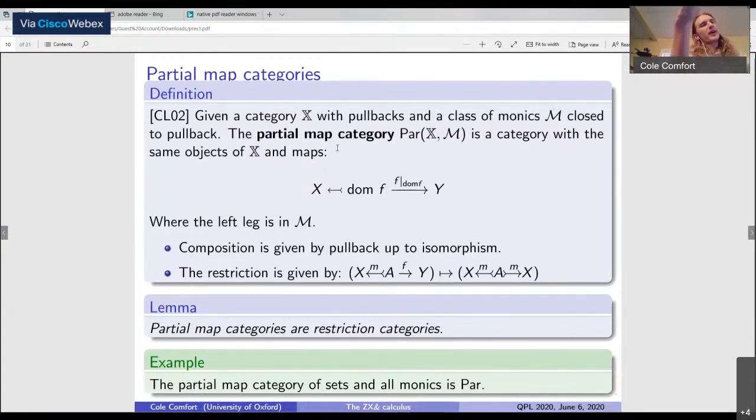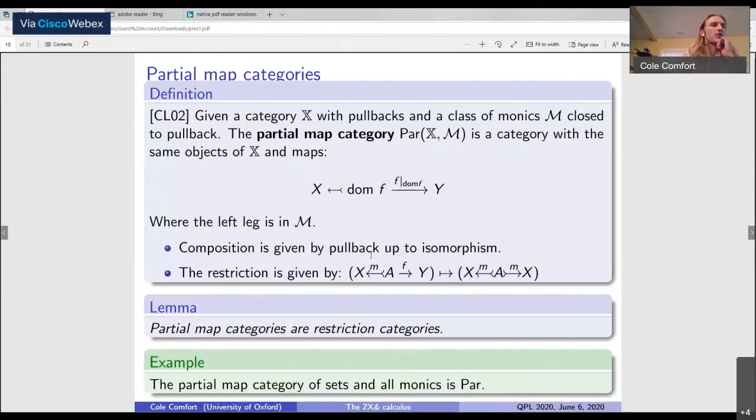And then the apex of the span is the actual honest domain of definition. And then the right leg is the total function on this domain of definition. So you can compose these maps with pullback, and because you have this inclusion on the left-hand side, you don't get actual functions, you get partial functions. And the restriction operator is given by just copying the inclusion, the monic, to both sides of the span.